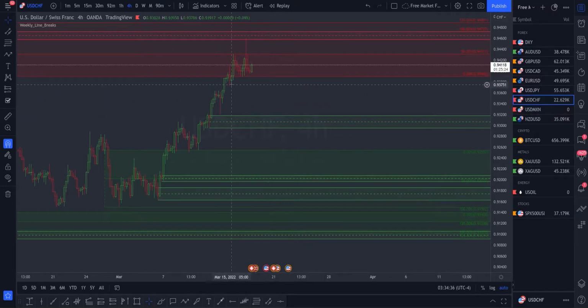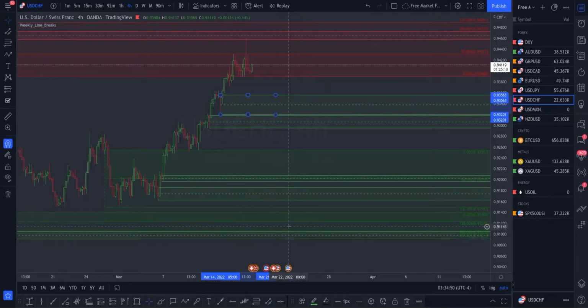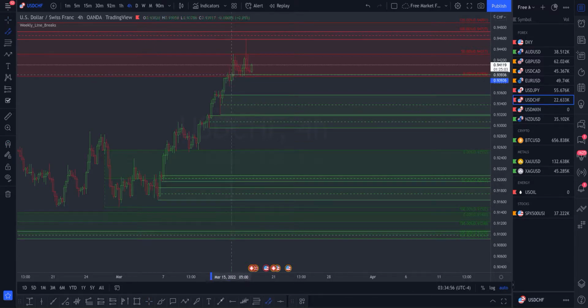All right, so price did not come into this demand zone. However, it has created more for our demand.